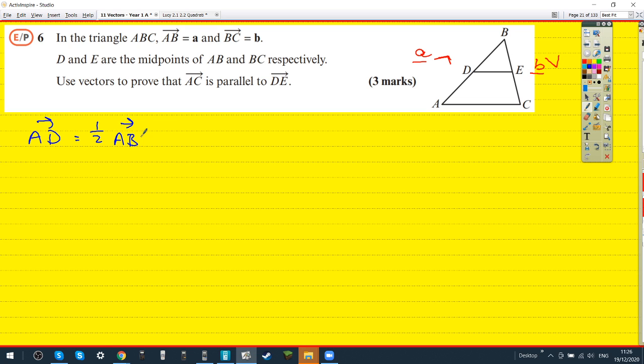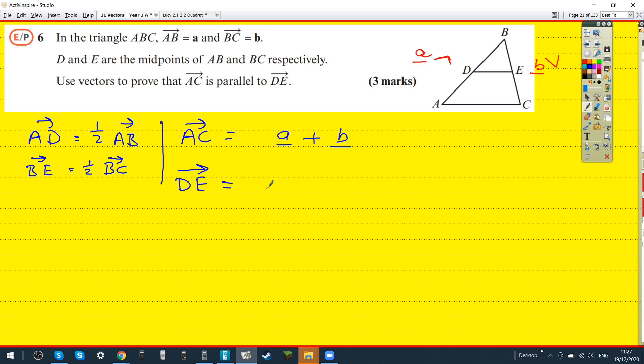And then would you need to go from B to C to E? So B to E is half BC. Yeah. And so I would just find what is the vector A to C, and then what is the vector D to E. So A to C would be A plus B. Yep.